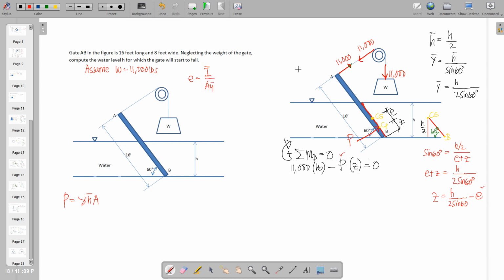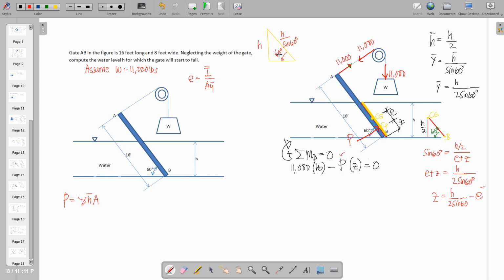In here, we should work with the inclined dimension given by this line, and that line could be related to this right triangle, wherein this is 60, this is H, and that is H over sine 60.